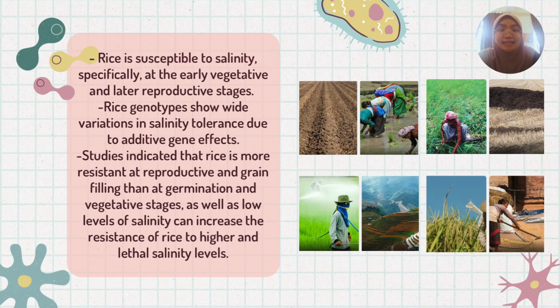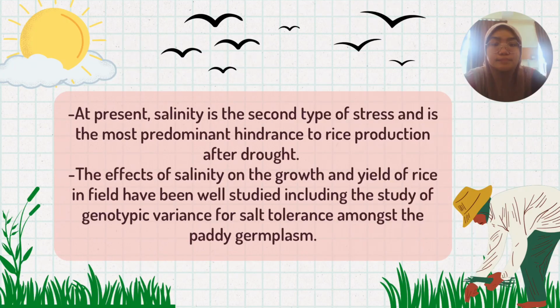Studies indicated that rice is more resistant at reproductive and grain filling stages than at germination and vegetative stages, as well as low levels of salinity can increase the resistance of rice to higher and later salinity levels.